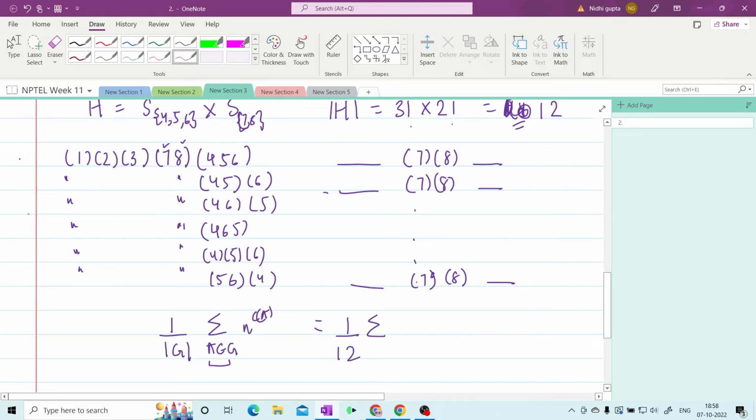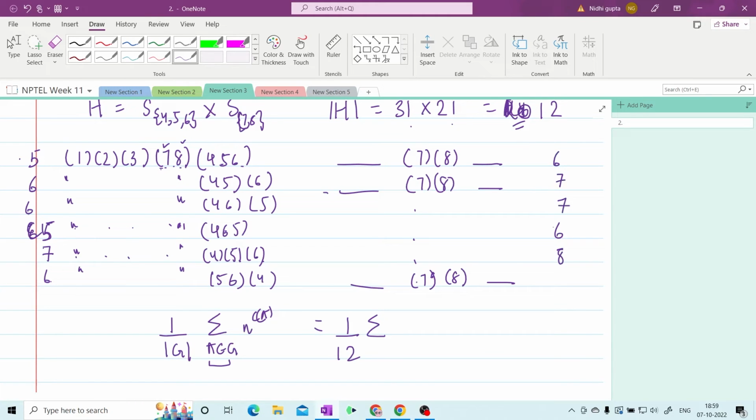Now the number of cycles in these permutations: this one has 5 cycles, these have 6 cycles, and this one has 7 cycles. Here 7, 8 is also distributed in 2 cycles, so this will have 6 cycles, this will have 7, this will have 7, this will have 6, this will have 8, and this will have 7.